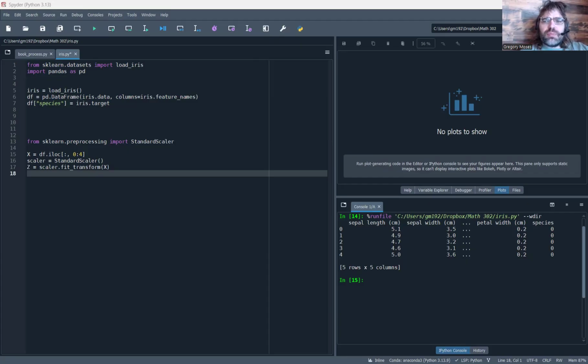Well, this matters because PCA is based on variance. So if you just naively perform PCA, the PCA algorithm won't see things on a relative scale. The PCA algorithm will say, well, the difference between this and this is 98. That's bigger than any of the other differences.